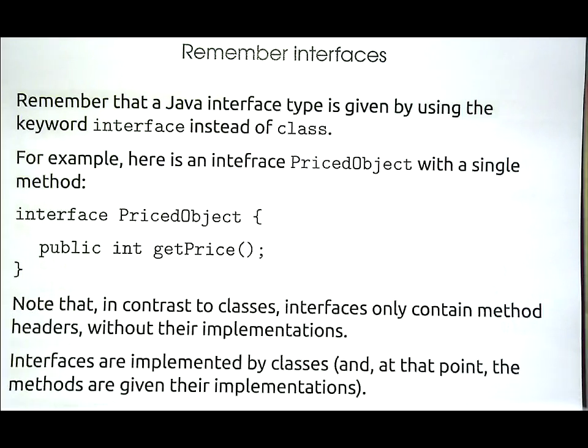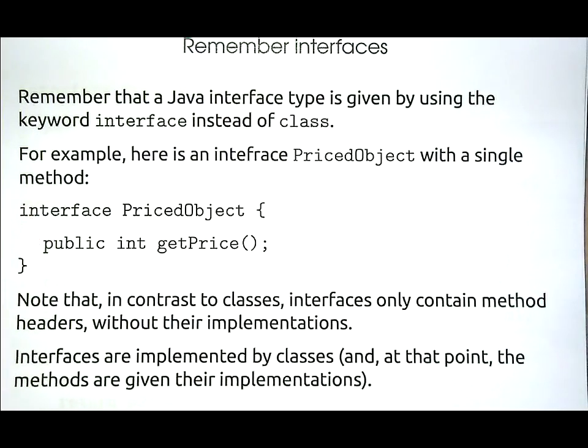In contrast to classes, with interfaces we only have the headers. And then when you have classes implementing an interface, so subtyping an interface, at that point the class should provide the implementation of the methods of the interface.